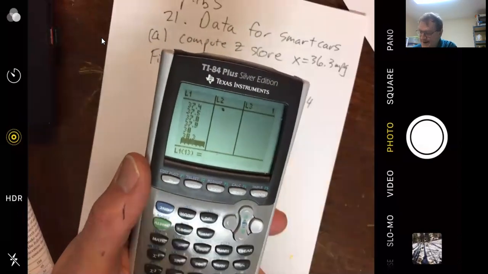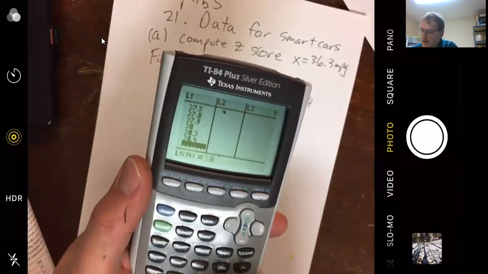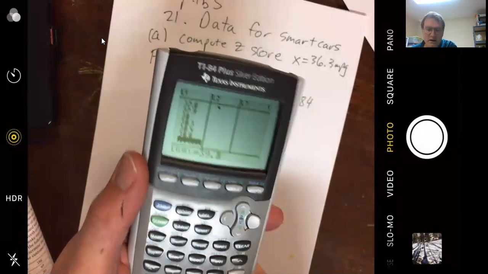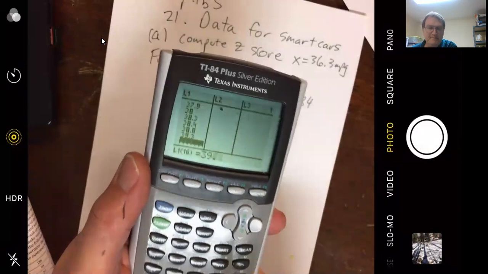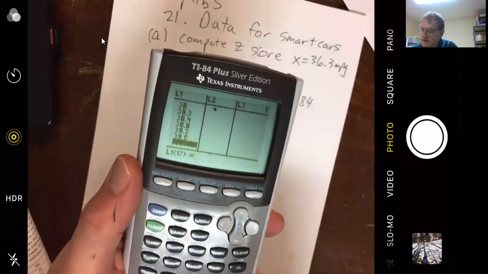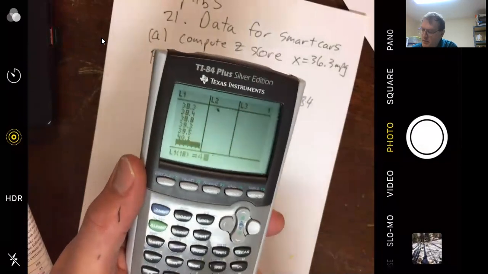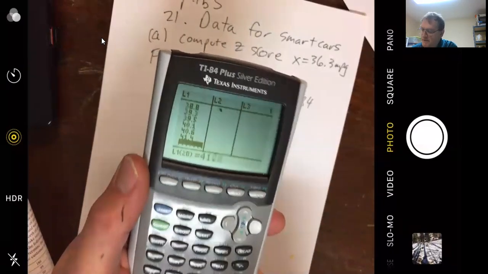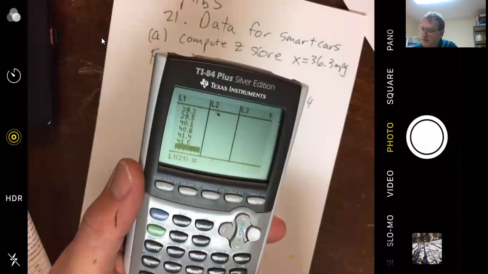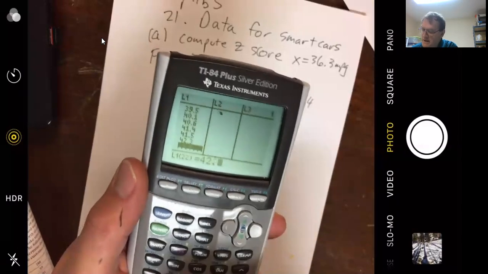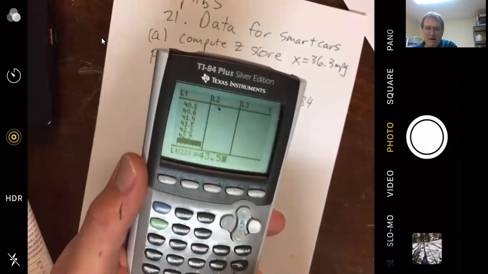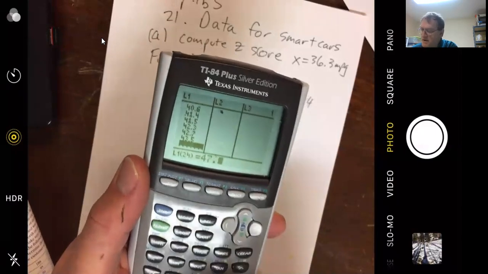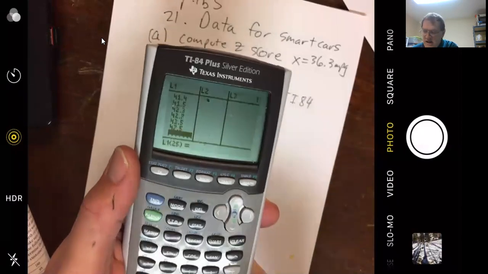3 columns in. 38.8, 39.3. Okay, there's 4 columns in. 42.3, 43.5, and 47.5.